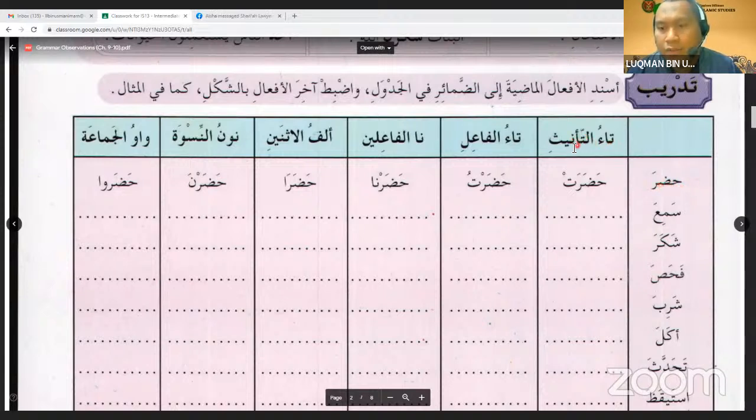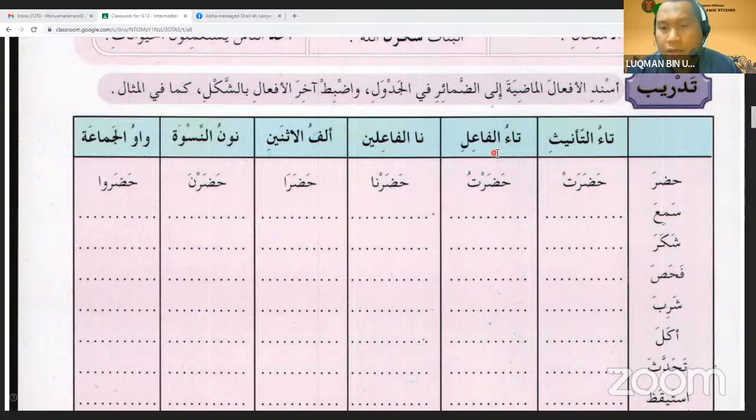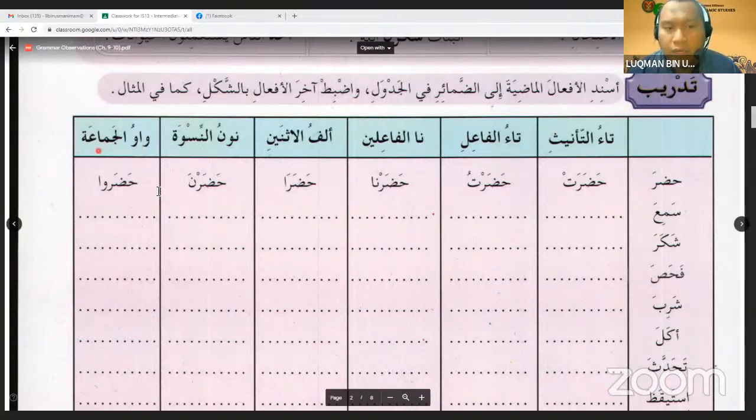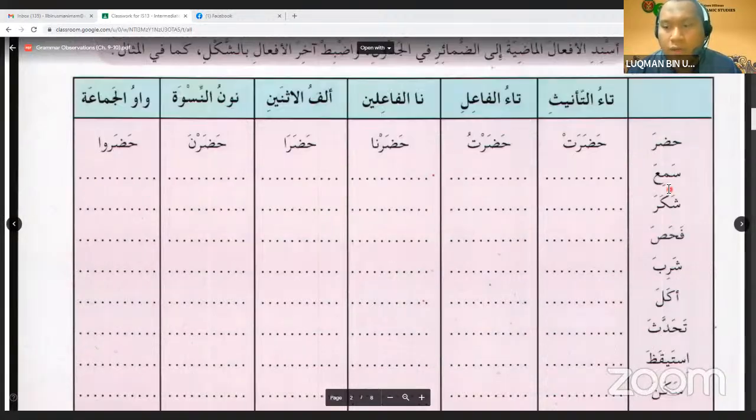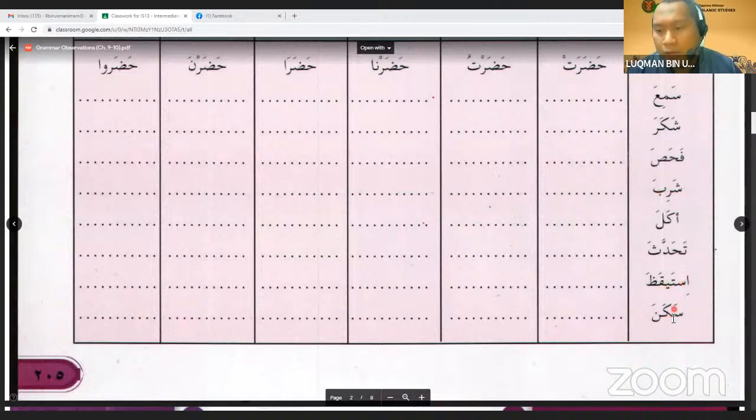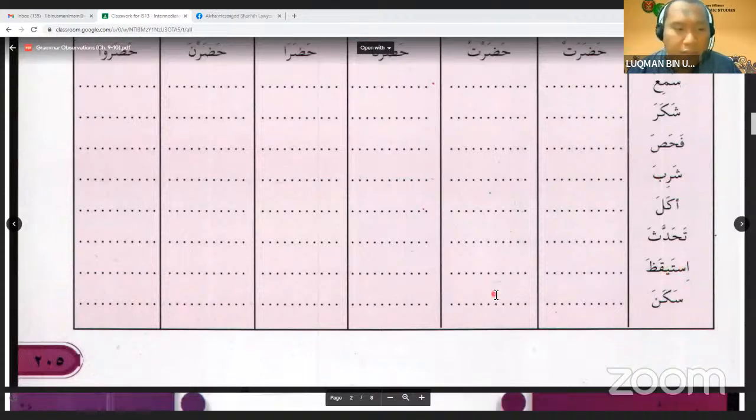So you add ta'ut ta'nith, the feminine ta, becomes hadarat. Then when you add ta'ul fa'il, the doer ta, hadartu. The na'ul fa'ilin, the doers na, hadarna. Then aliful ithnain, the dual alif, hadara. The nunun niswa, hadarna. Then wawul jama'ah, hadaru. So you just do this on the remaining verbs. Hope that's clear.